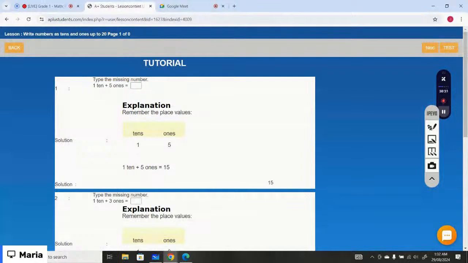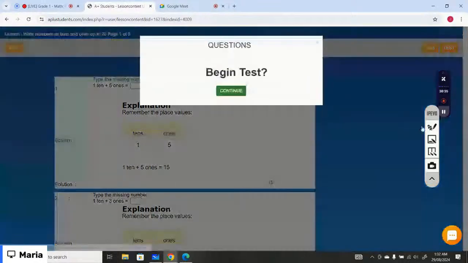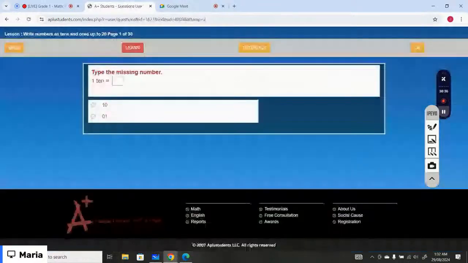Let's just start with the test questions. Type the missing number: 1 ten. So which is the correct option?